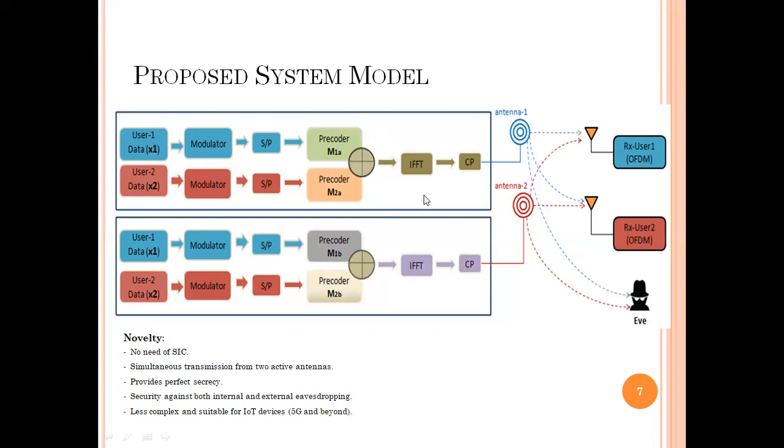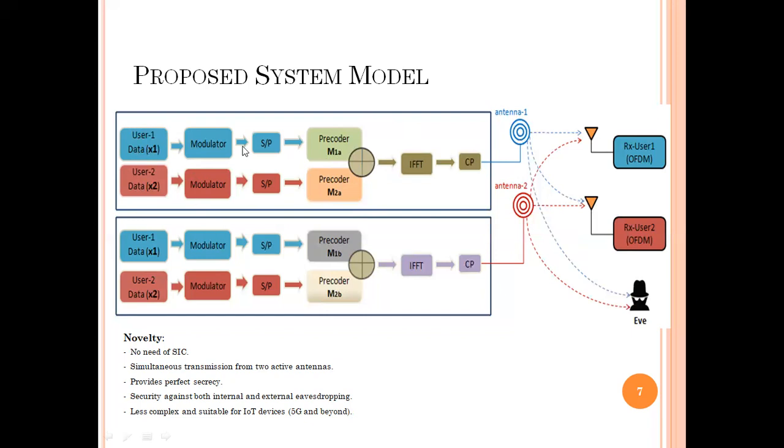We will be explaining how it does the automatic interference cancellation in the next mathematical equations slides. Due to this automatic interference cancellation, we don't need to use successive interference cancellation, which reduces a lot of complexity in this model. Also, with this simultaneous transmission from the two antennas, we are using four precoders for two users.